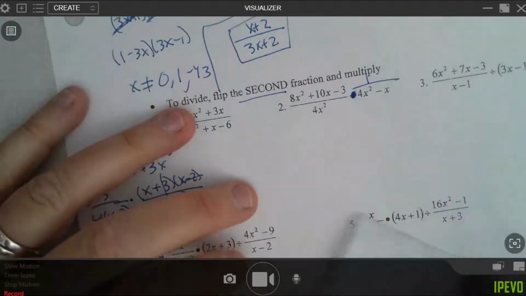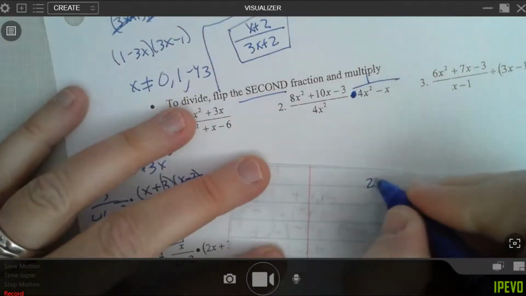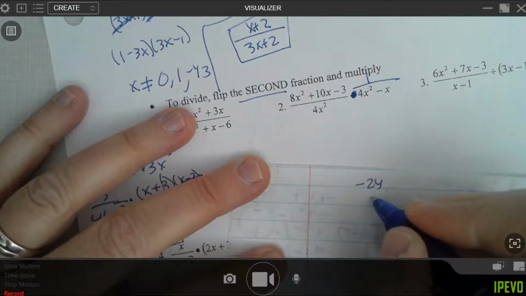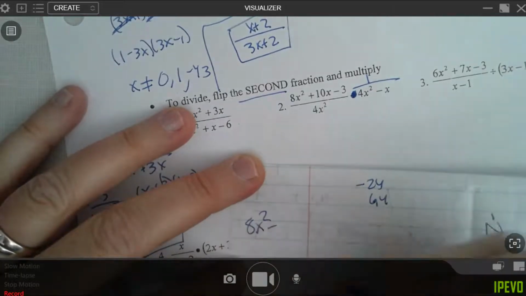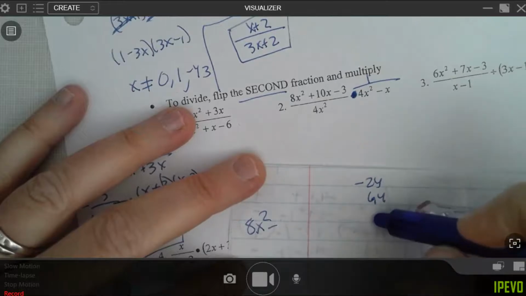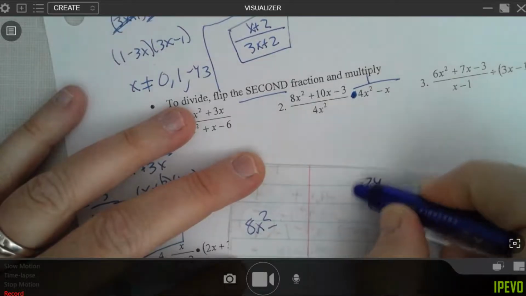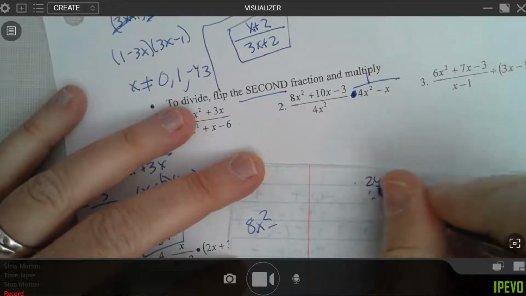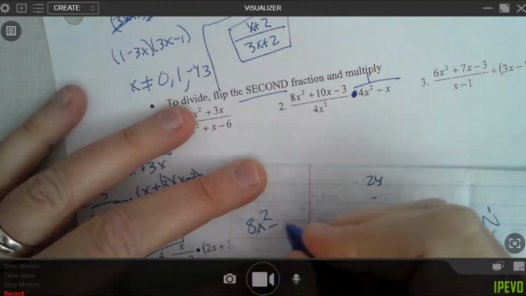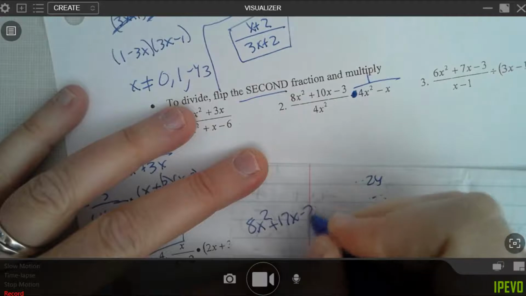So let's see, it's factor over here. Factors of 24 to get 10 would be 6 and 4. Oh, it can't be right, because that would be a positive 24. So I need a negative 24. 12 and 2. So we're going to do a positive 12x and a minus 2x.